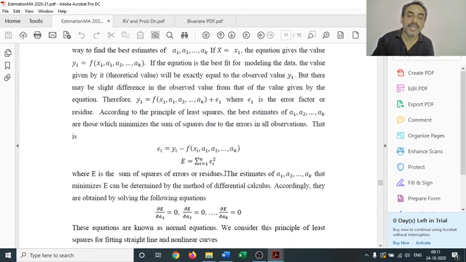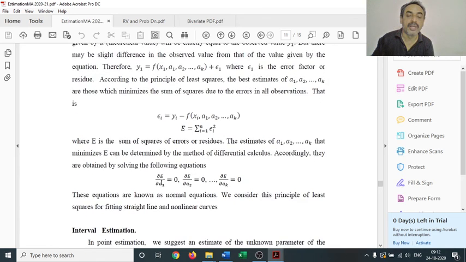For getting these values of a, b, or a, b, c in parabola fitting, or a1, a2, etc., ak in this case of estimating parameters, we can make use of the principle of differential calculus for finding the minimum sum of squares.